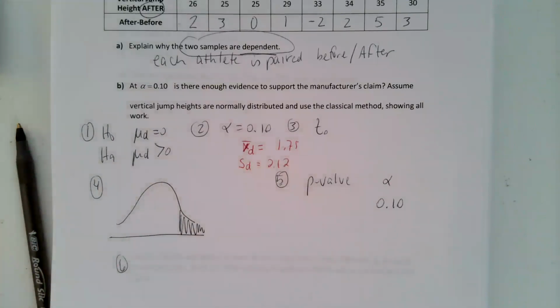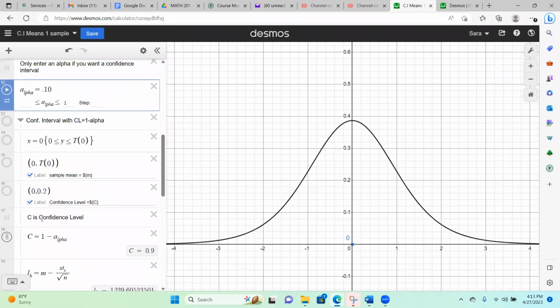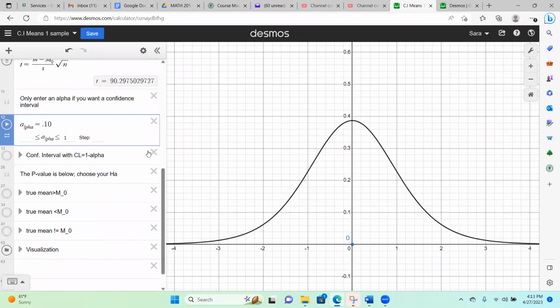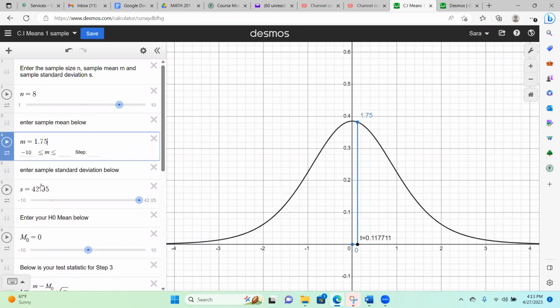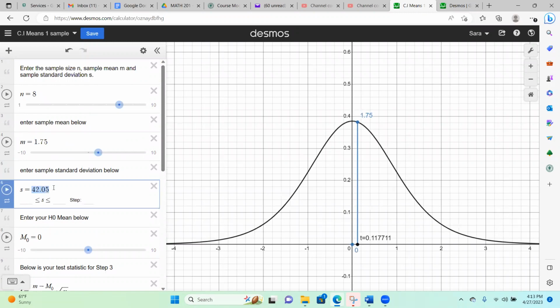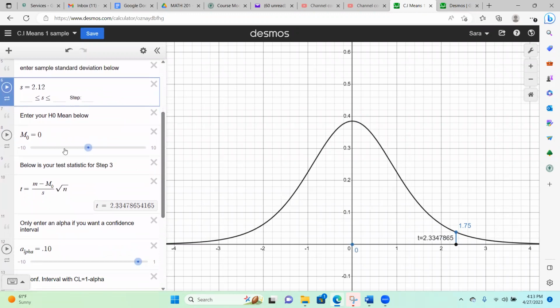So let's go back to our program. Our program in Desmos is up here. We have 8 in our sample, and our sample mean is 1.75. Our sample standard deviation is 2.12. We're testing the H0 at equal to 0.